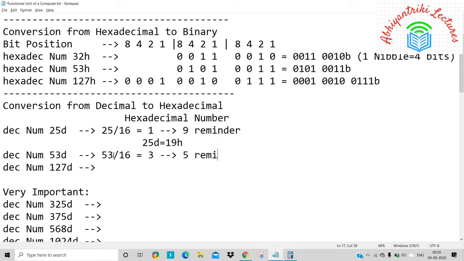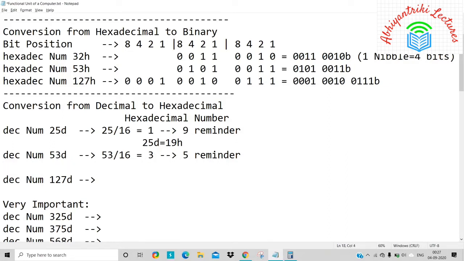Done. Since 3 is again less than 15, you don't have to simplify it again. So 53D is equal to 35H: the answer is 3 and the remainder is 5.